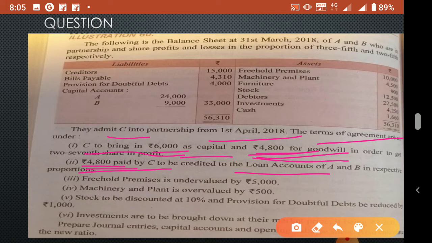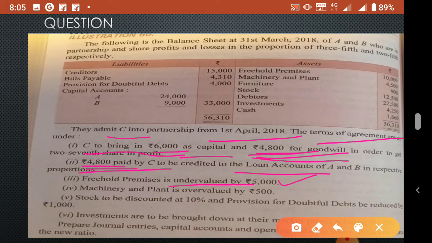Then freehold premises undervalued by 5,000. Each and every word is important. Undervalued by, undervalued to, overvaluation, you have to remember properly. Undervalued means by mistake they undervalued, so that much amount should increase.